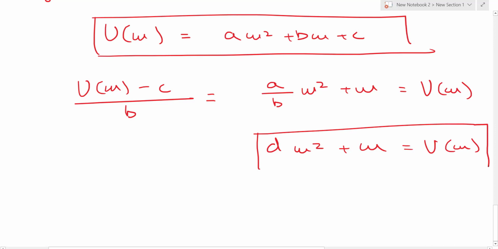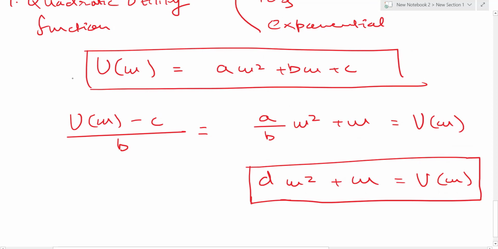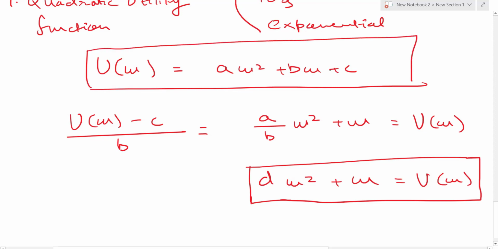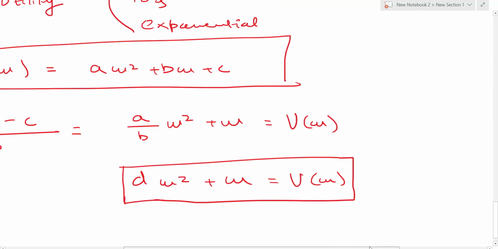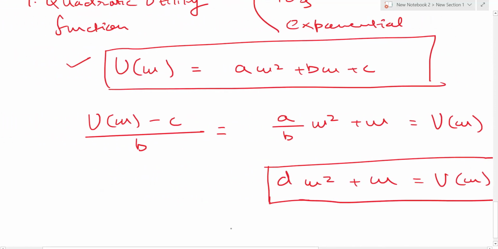This utility function v of w represents the same preference ordering as u of w. What do I mean by that? I mean that if, as per this utility function, some wealth is more preferred to another, this is an increasing function of w, so the investor will also prefer the wealth in the same way. Why? Because this is a monotonic transformation of that.